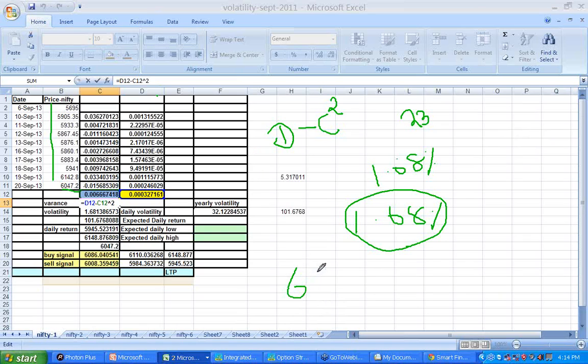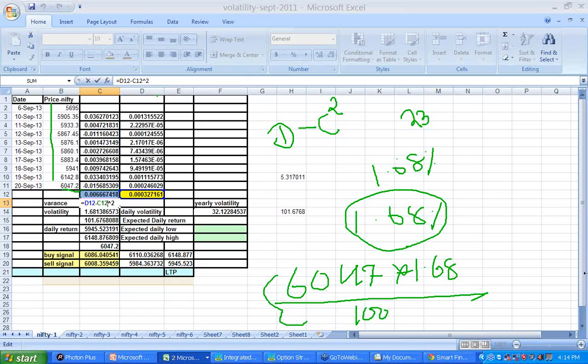So I am multiplying this 6047, the last traded price on Friday, with 1.68, and the entire result divided by 100. So if my assumptions come true, then I may move by 101.67 points. This many points I can move in pricing terms.